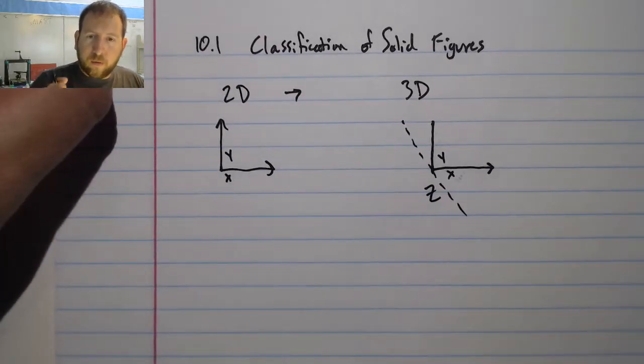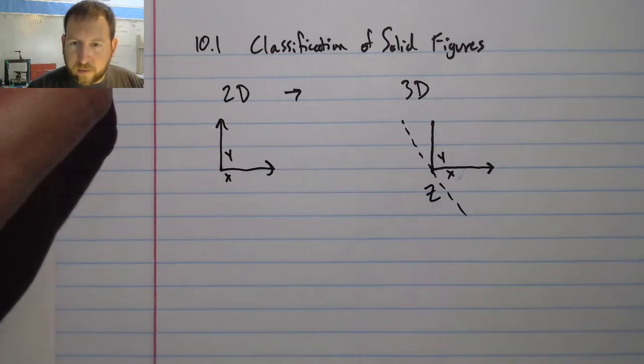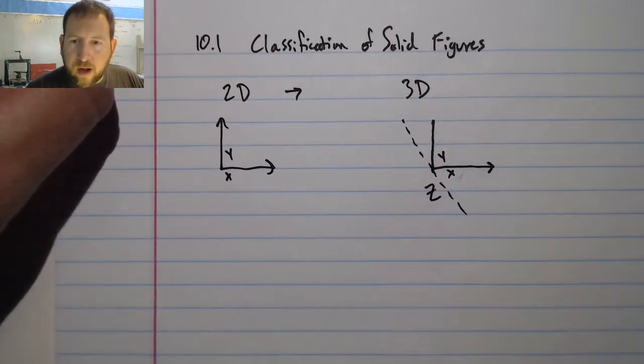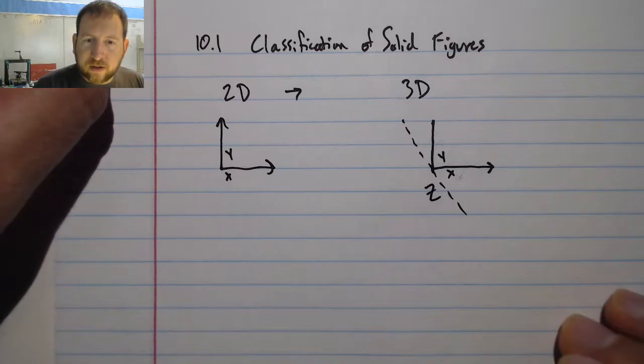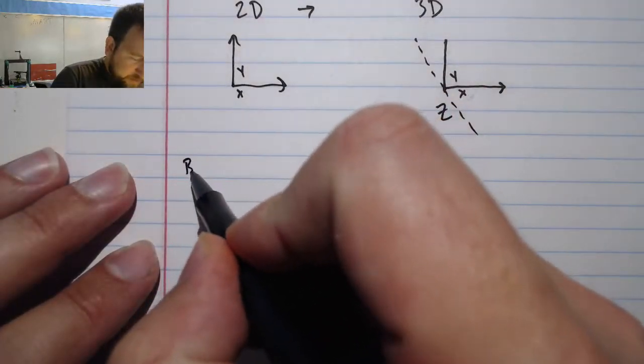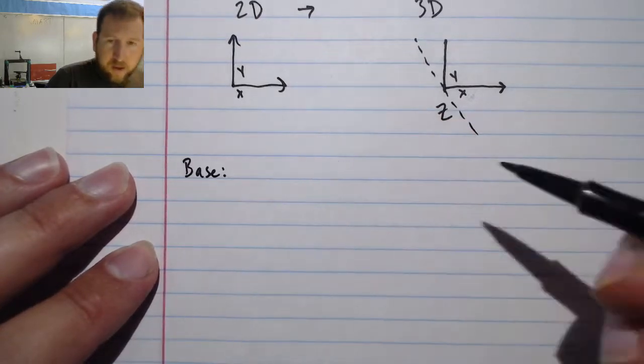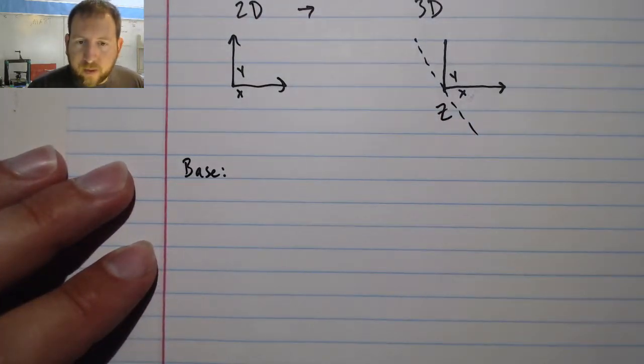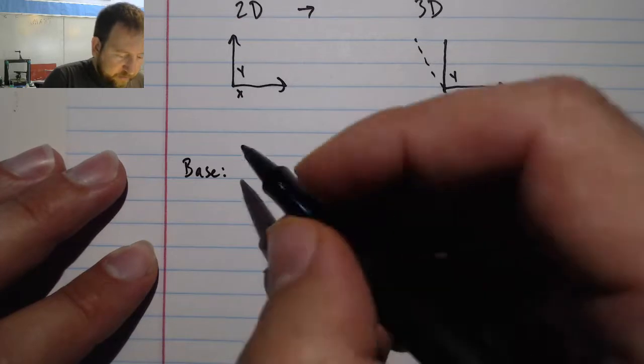First, we have 2 things that we need to talk about. We have bases, edges, and vertexes. I guess that's 3 things, isn't it? Our base is the face on which a figure rests.